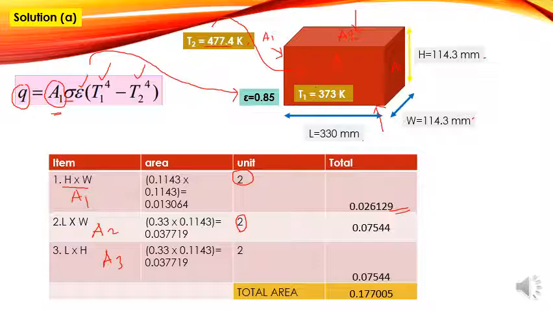Again, you also have A3 at the other side. I don't know how to draw it because it's at the other side, but I hope you can imagine it, since it's just opposite. So it also consists of 2 surfaces. The total area is the combination of A1 plus A2 plus A3.